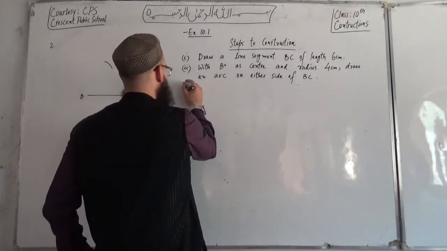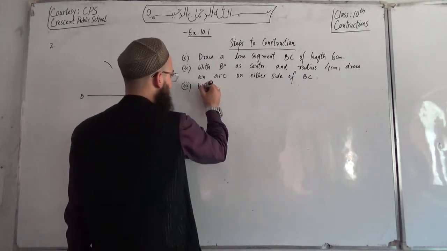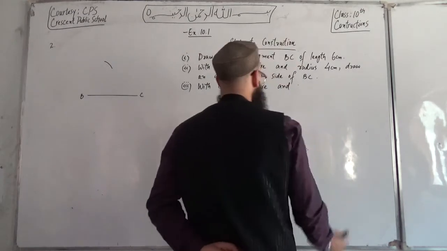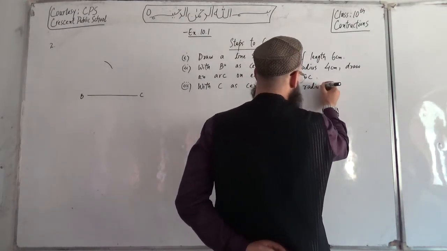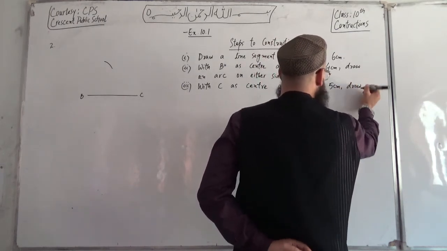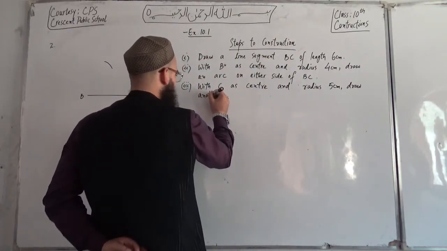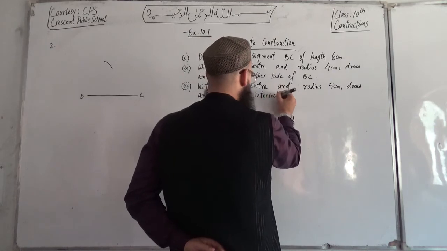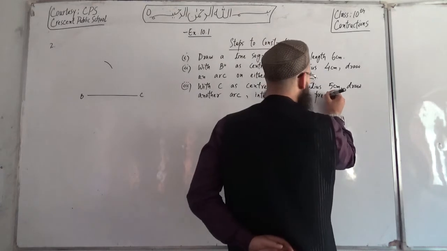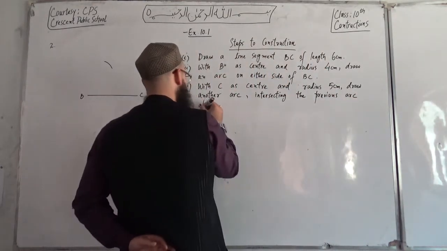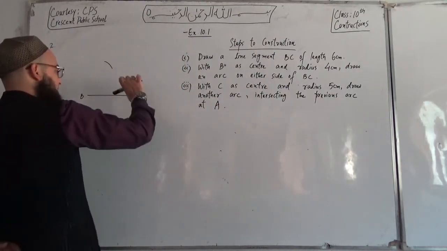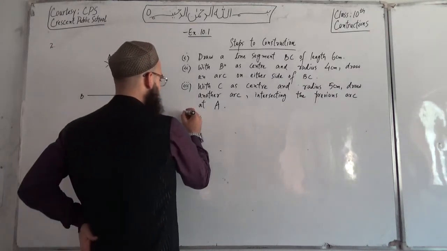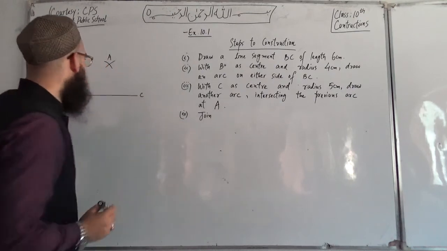Then the next step: with C as center and radius 5 centimeter, draw another arc intersecting the previous arc at A. So with C as center, radius 5 centimeter, draw another arc intersecting the previous arc at A. Then the next step, join AB and AC.